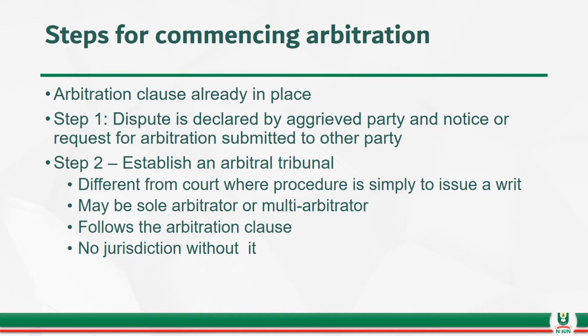Whichever one they are, they constitute the arbitral tribunal. Without the arbitral tribunal in place, there is no jurisdiction; nothing can be done about arbitration. It's also a bit longer than court procedure, where all an aggrieved party has to do is issue a writ. But it's important to go through the process.